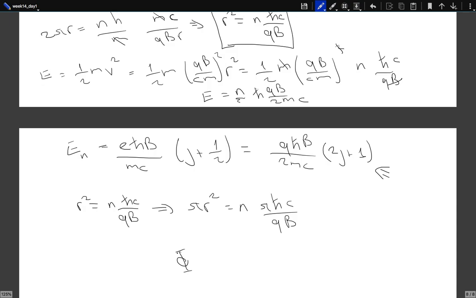And the flux going through the orbit of the electrons is just πr squared times B. Well, this is n times πħc over q. This is also quantized in terms of some unit flux. So the total flux can be just a multiple of the unit flux, or flux passing through the closed orbit of an electron.